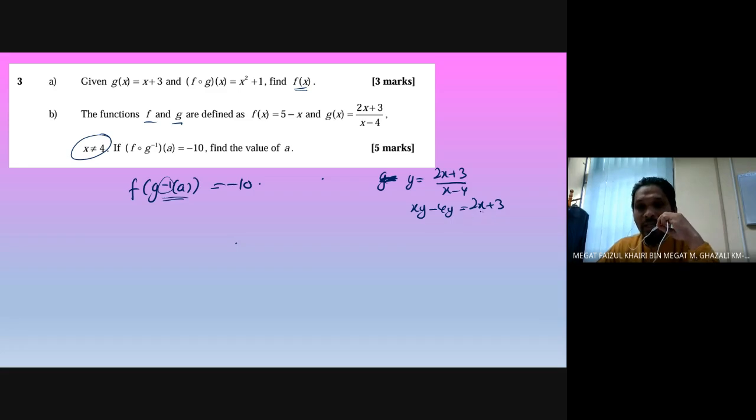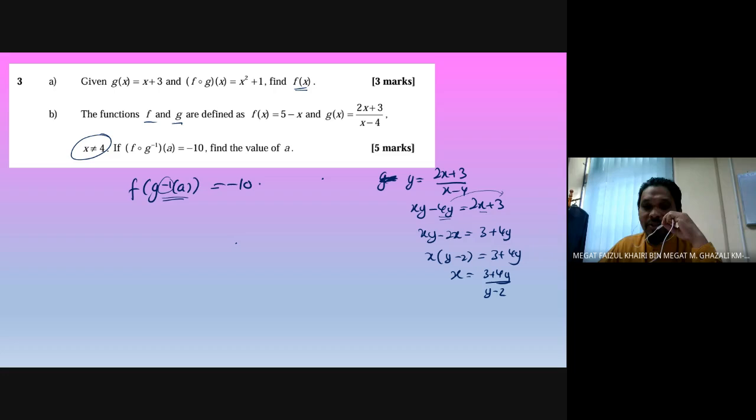The terms with x we bring to the left side, and the terms without x we bring to the other side. So xy - 2x equal to 3 + 4y. Then x(y - 2) equal to 3 + 4y, and x equal to (3 + 4y) divided by (y - 2).